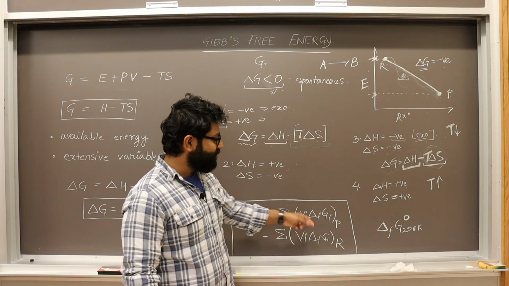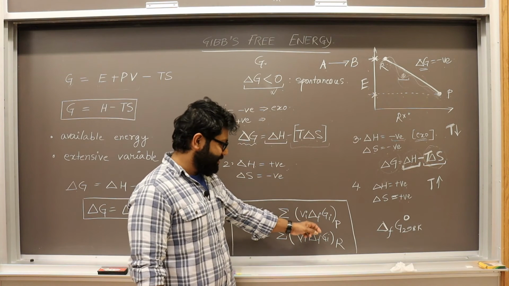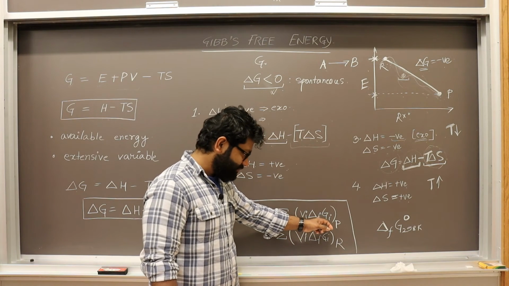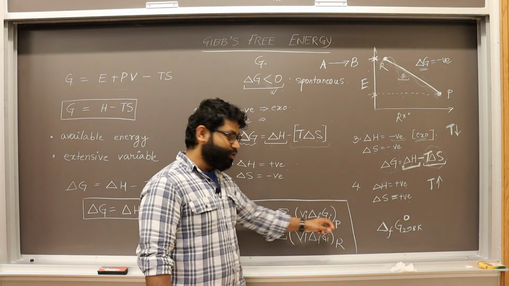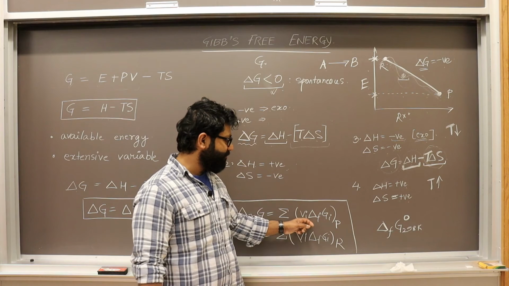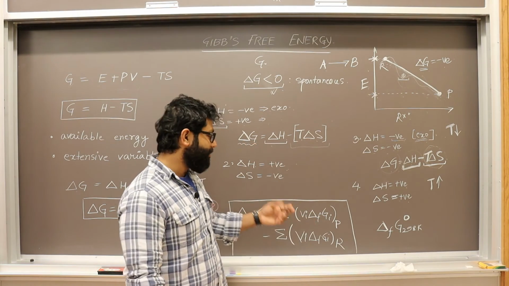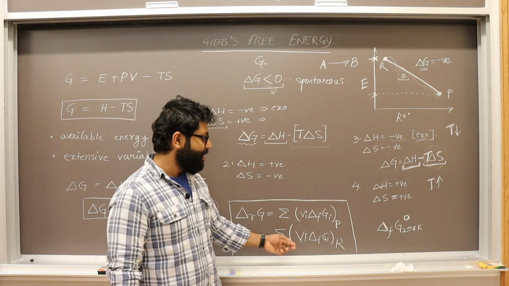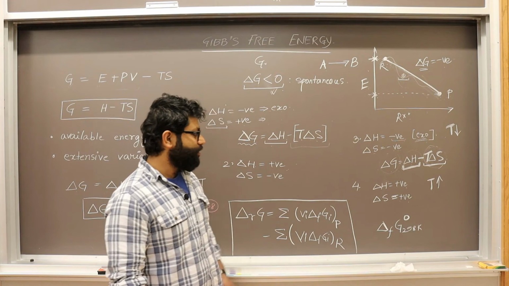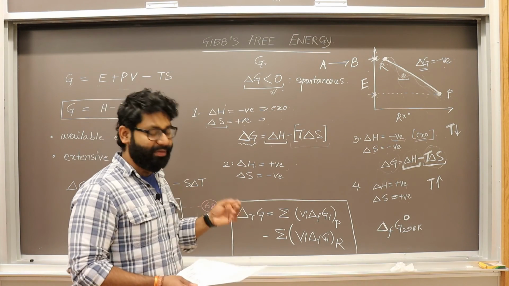So vi is a stoichiometric coefficient, and delta G of formation of i is the Gibbs free energy of formation of i. So you multiply all the stoichiometric coefficients with the delta Gibbs free energy of those particular products, and then do a sum, and then you do the same thing for the reactants, right? So you have to find out the Gibbs free energy of formations of the elements.